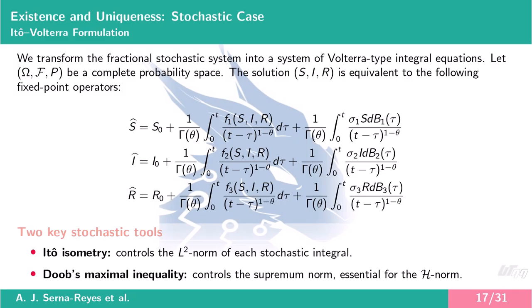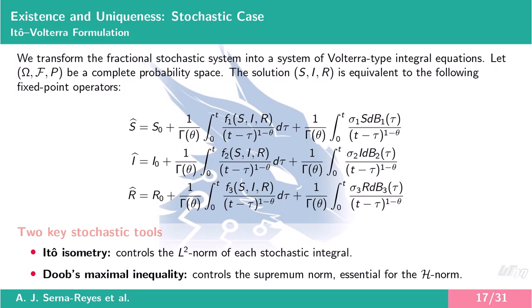To analyze the stochastic system, we first rewrite the equations in an equivalent integral form by applying the Caputo operator on both sides. The resulting system is interpreted in the Ito sense and takes the form of a Volterra-type fixed-point equation in the Banach space of square integrable continuous processes.